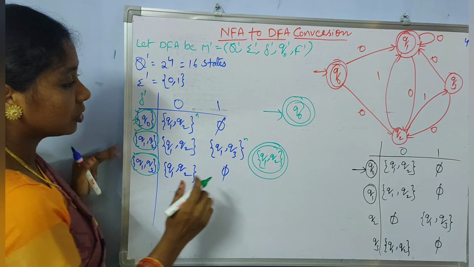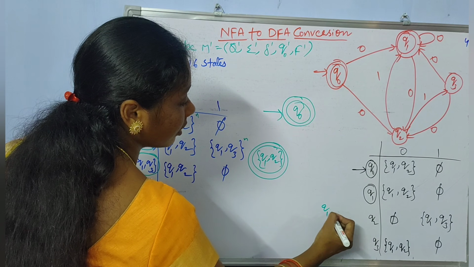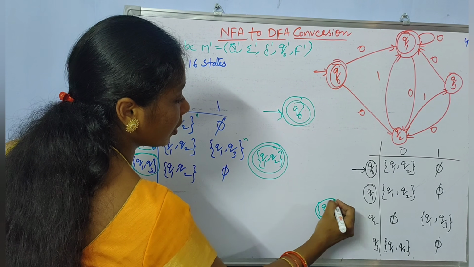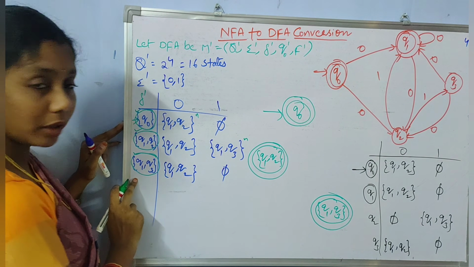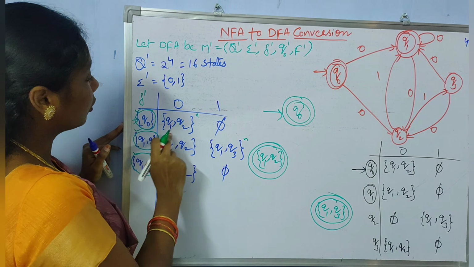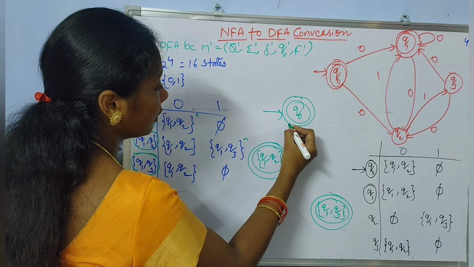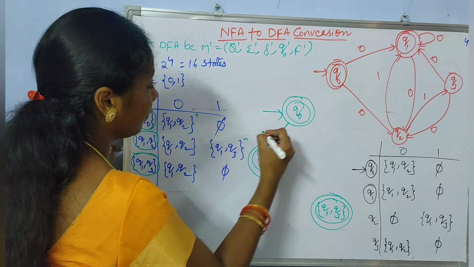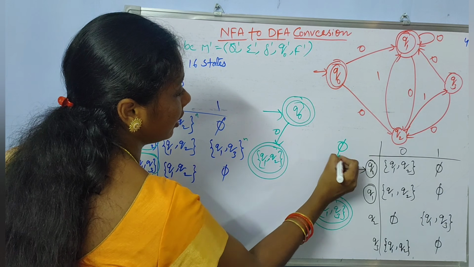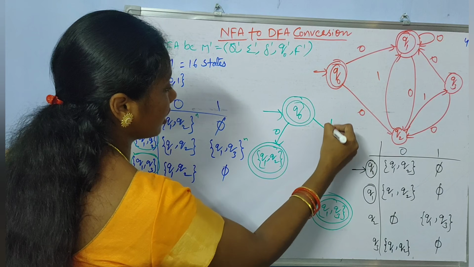And next Q1, Q3. This is also a final state. Okay. And Q0 with input 0 goes to Q1, Q2. And with 1 it goes to 5, the dead state. So we need to take a dead state, and with 1 it goes to the dead state.